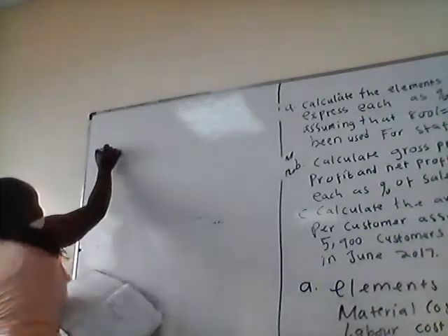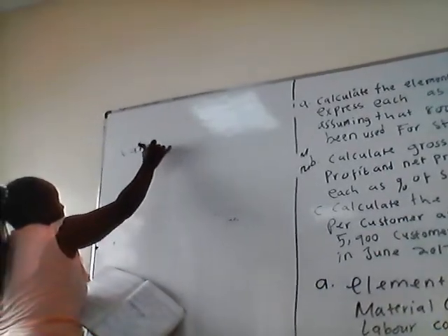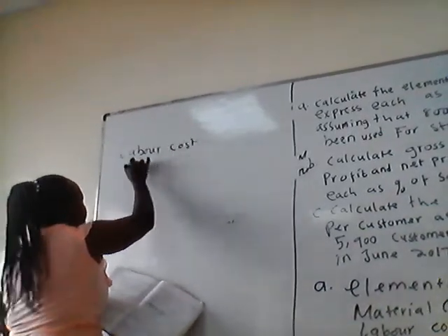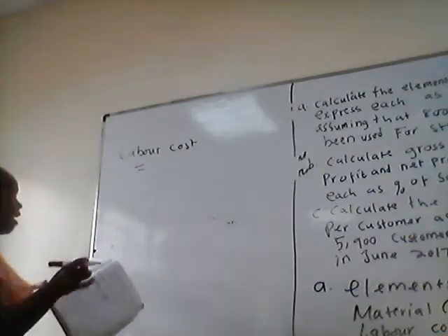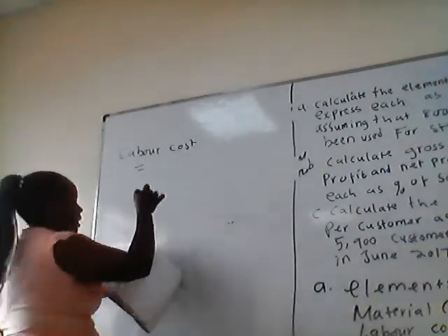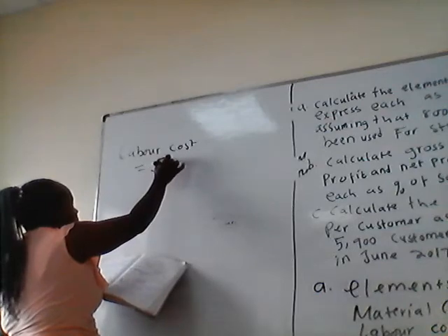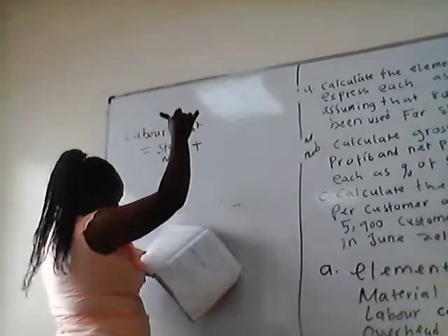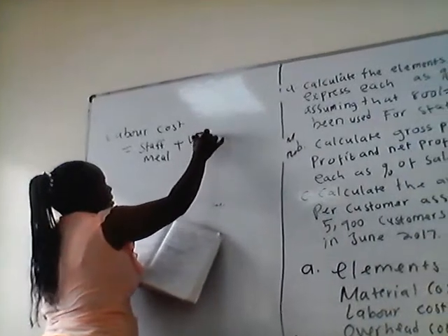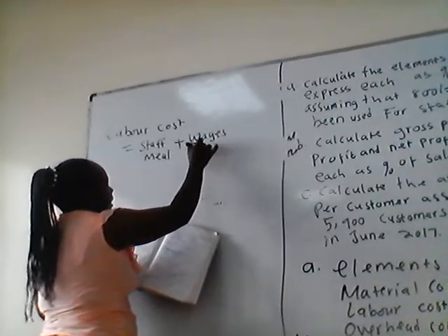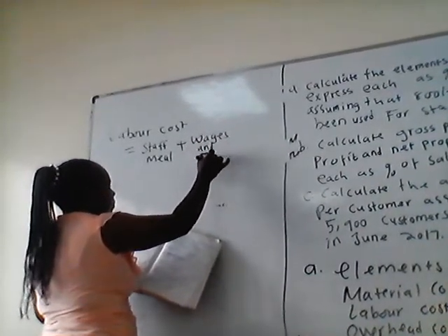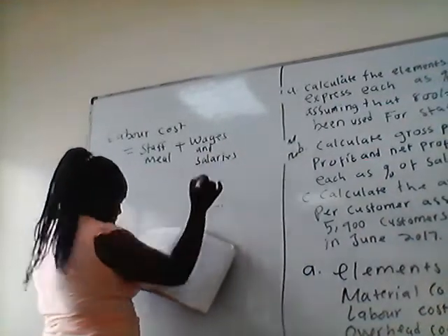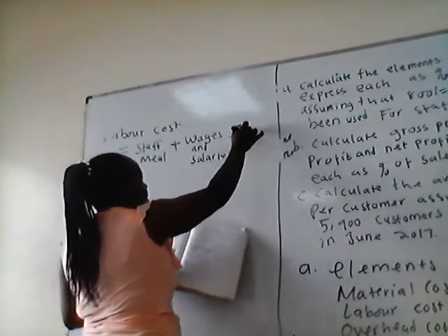Our labor cost will be equal to staff meal, we said staff meal is added in the labor cost, plus wages and salaries plus national insurance.